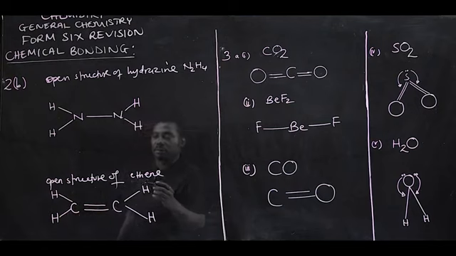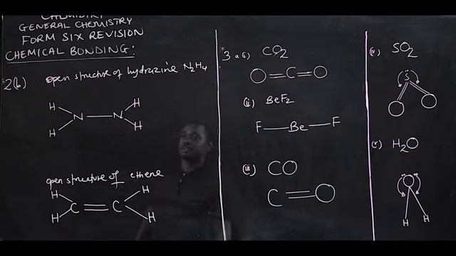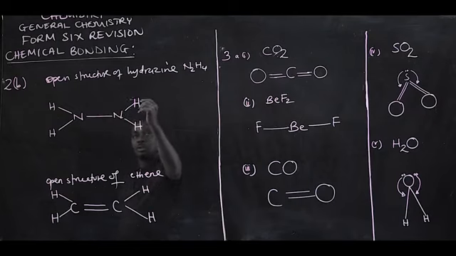First of all, the boiling point of any compound depends on the molecular weight of that compound. So hydrazine has a molecular weight which determines its boiling point, and ethene has a molecular weight which determines its boiling point. For hydrazine, it has nitrogen bonded to a hydrogen atom.